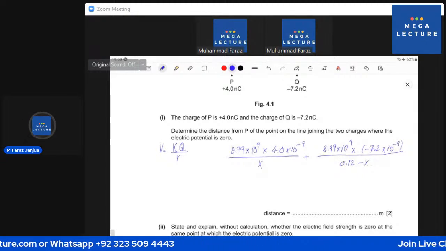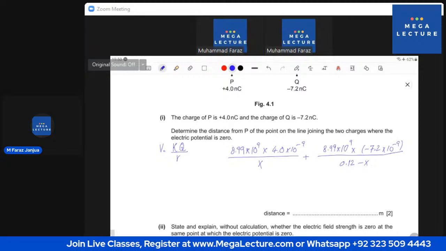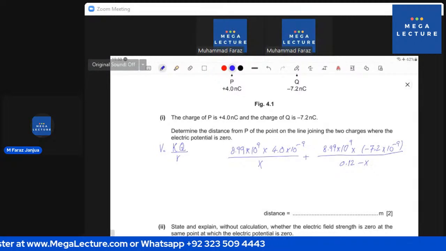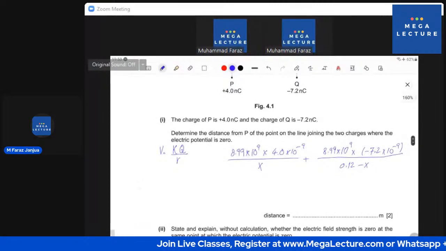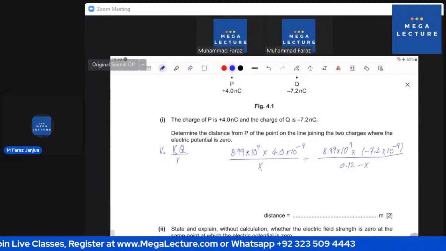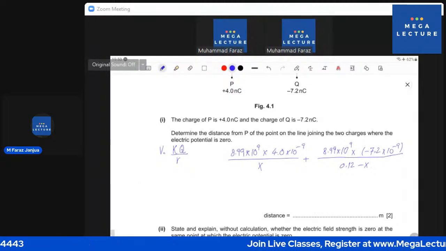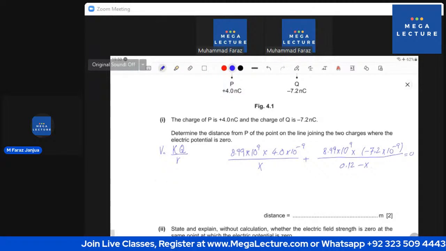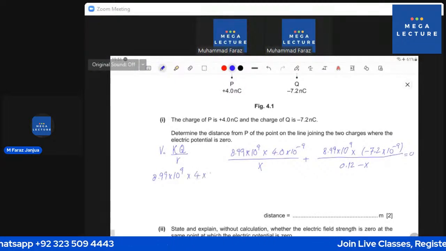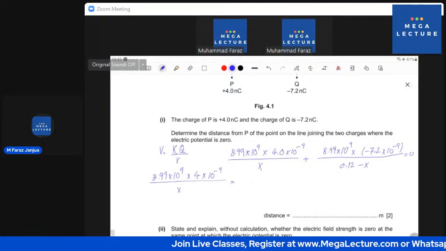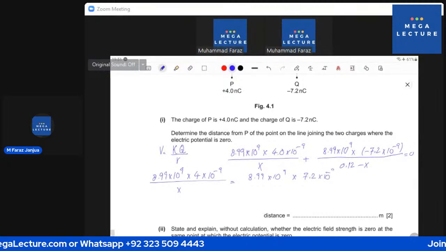Now, we can take this equal to 0. 8.99 times 10 to the power 9 times 4 times 10 to the power minus 9 divided by x equals 8.99 times 10 to the power 9 times 7.2 times 10 to the power minus 9 divided by 0.12 minus x.